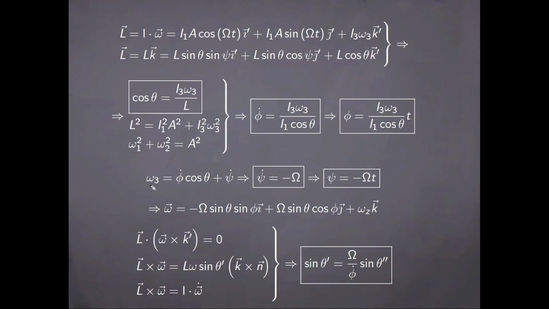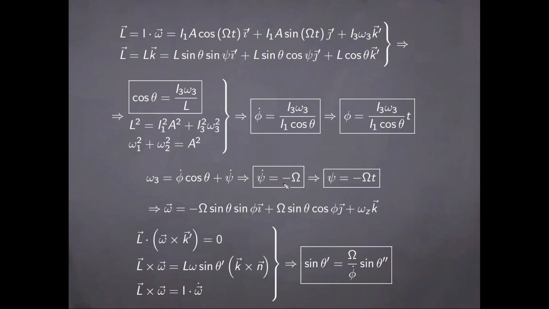And of course, from the value of omega 3 as given in terms of Euler angles in the body set of axes, we can obtain the precession rate for the spin of the rigid body about its symmetry axis, and we just obtain as follows. Naturally, we just obtain minus omega, so the angle itself again moves linearly in time with the constant omega.